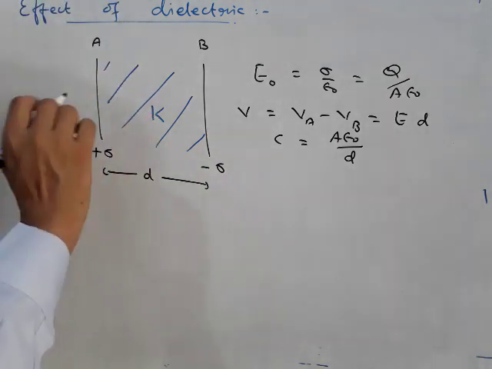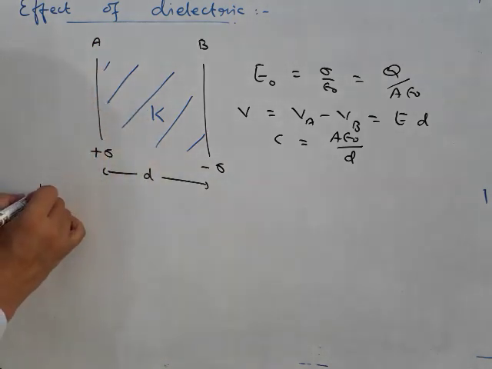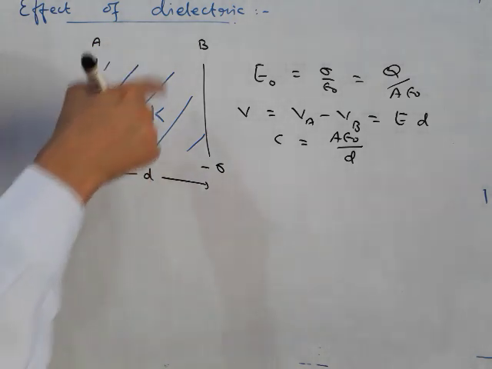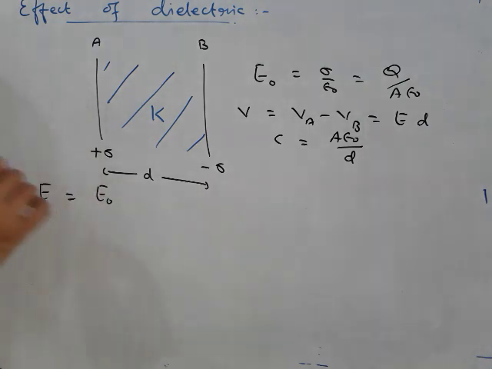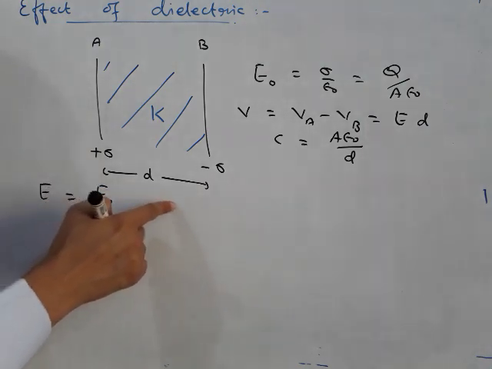Then what modification will we get? First, the electric field will get modified. E inside the region between the plates will no longer remain E naught. It becomes E naught minus E in.